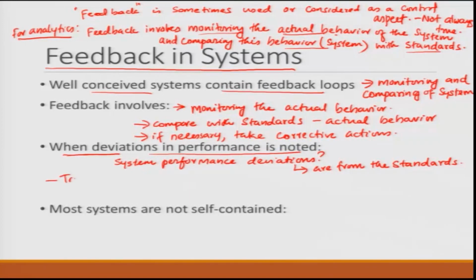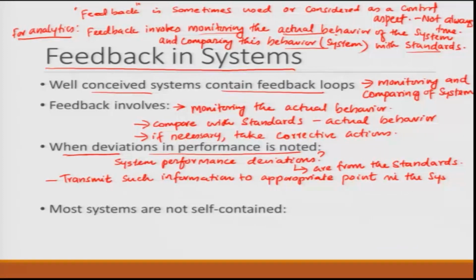The most important thing is to transmit such information, the deviation from the standards, to the appropriate point in the system. In the previous diagram we have seen that we transmit this to the process level or to the input level, the appropriate point in the system. Why do we transmit this? So that effective action can be taken.